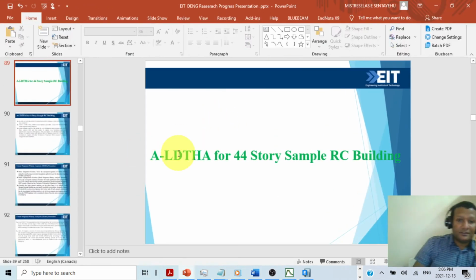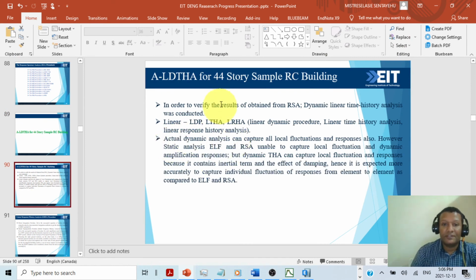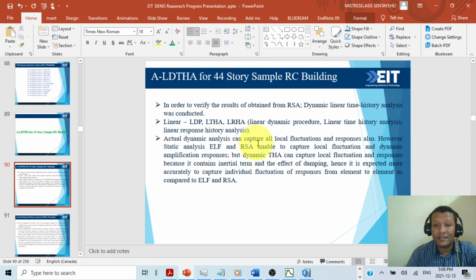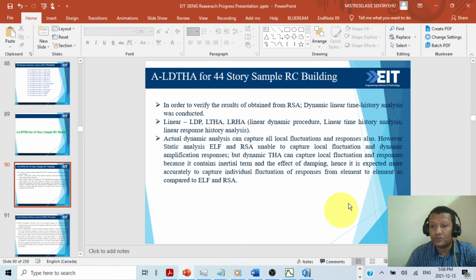Okay, so as per our discussion, in order to verify the result obtained from response spectrum analysis, dynamic linear time history analysis was performed. Actual dynamic analysis can capture all local fluctuation and responses. However, static analysis, alpha and RSA are unable to capture local fluctuation and dynamic amplification results.